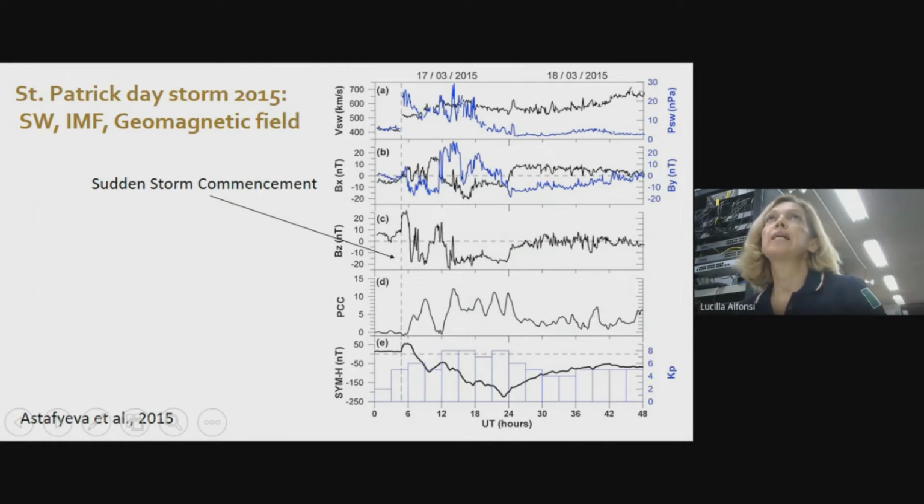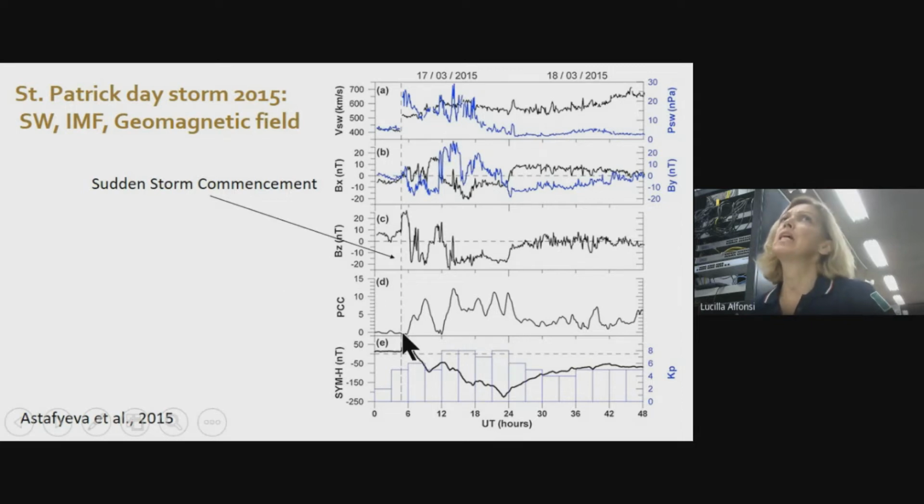So in this stack plot, you are seeing the velocity of the solar wind, the Bx, Bz of the interplanetary magnetic field, that I remind you is the solar magnetic field that we associate to the bulk of the magnetic field happening in our system.